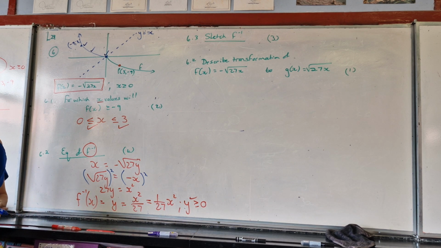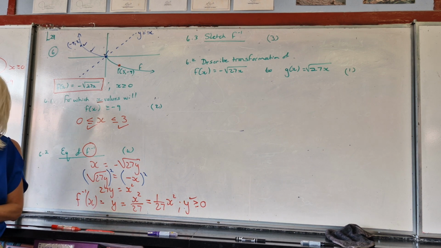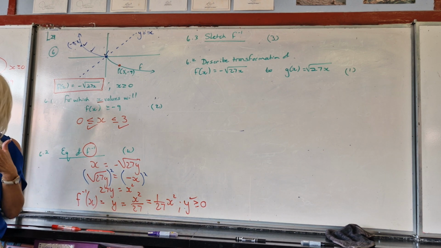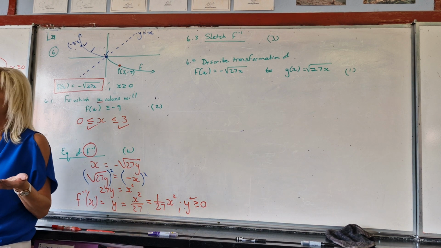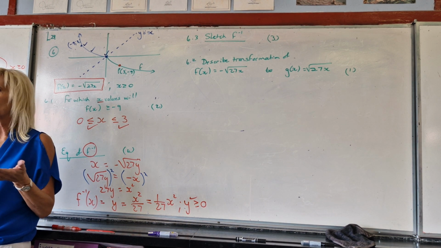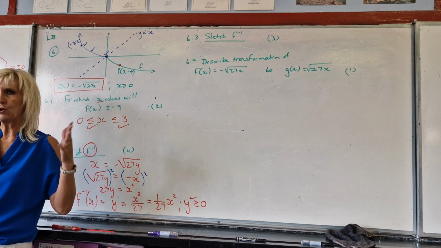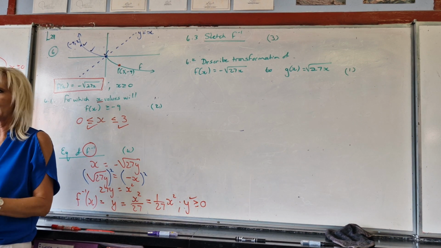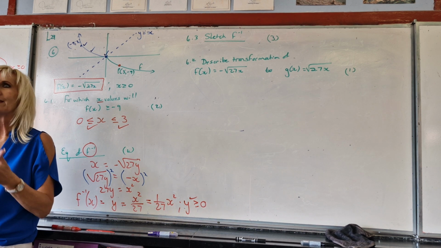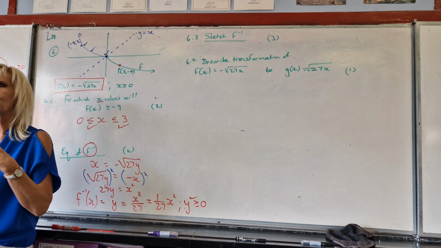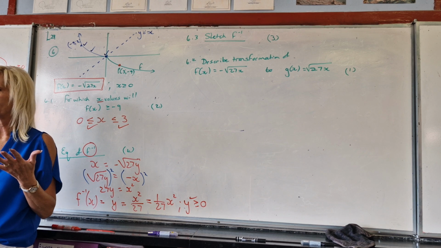Then, lastly, the question says, please describe the transformation before you read anything else. What is a description of a transformation? The only ones that you have. It's either right by 3 units, or up by 2 units, or down, or left or right. And then also reflection. What reflections do you have?